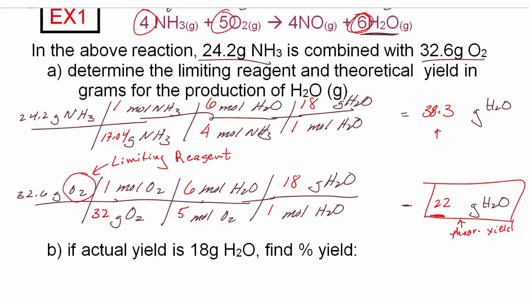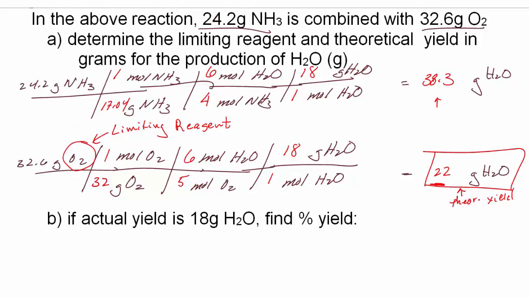If the actual yield is 18 grams of water, find the percent yield. So if you take the actual all over the theoretical times 100, you get percent yield. So 18 divided by 22 times 100, about 82%.